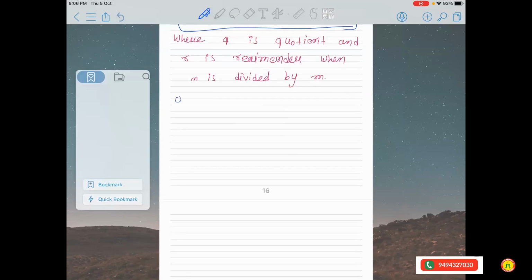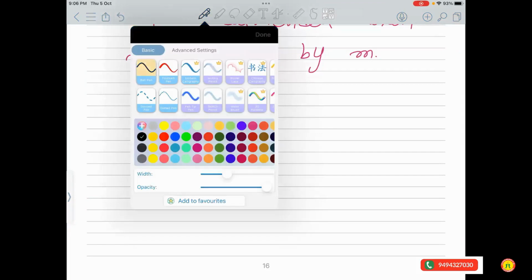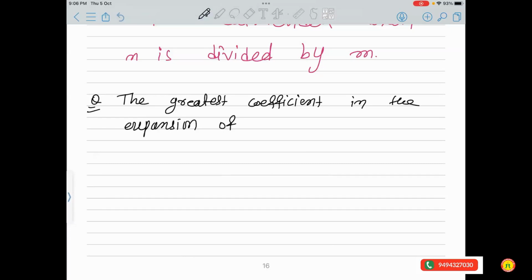Like this question: the greatest coefficient in the expansion of x plus y plus z plus t power 15 is.